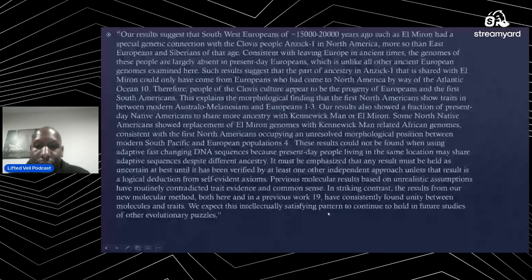So it says these results could not be found when using adaptive fast changing DNA sequences because present-day people living in the same location may share adaptive sequences despite different ancestry. It must be emphasized that any result must be held as uncertain at best until it has been verified by at least one other independent approach, unless the result is a logical deduction from self-evident axioms.